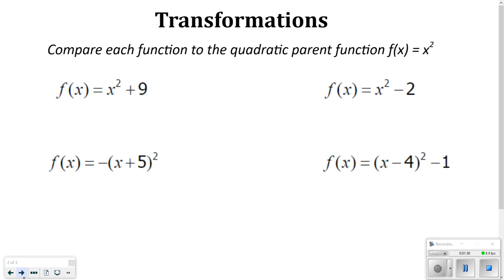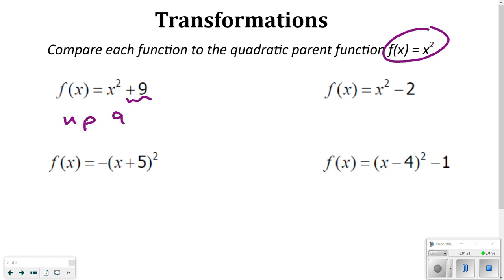So let's look at transformations. Remember, we're comparing all of these functions to the parent function, which is just f(x) equals x squared. They work the exact same way as they did for absolute value functions. If I have a plus 9 after my x squared, that means that it's going up 9 units.